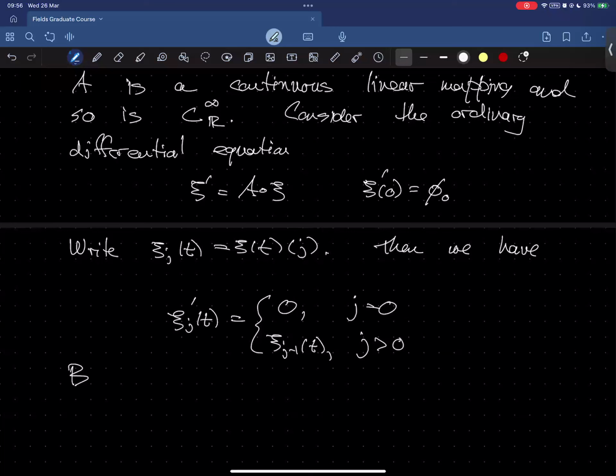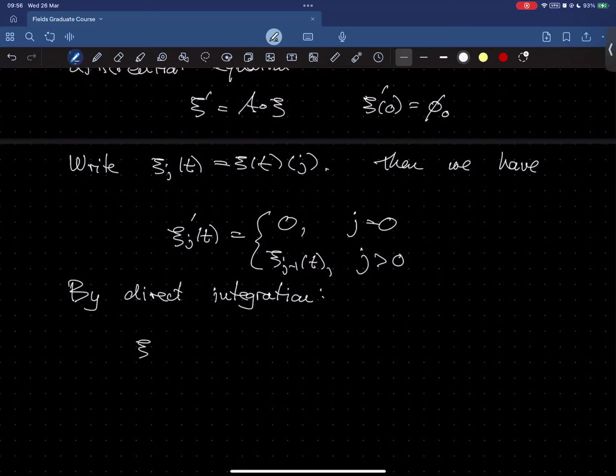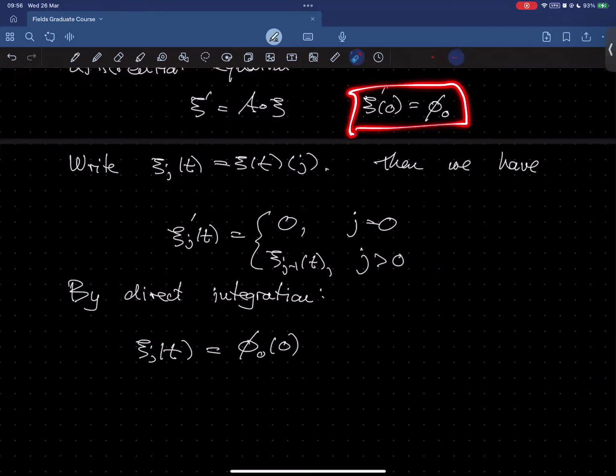So by direct integration, we have that Cj of t is phi 0 at 0, because you just set j equals 0 and you read that off, and then you start integrating.